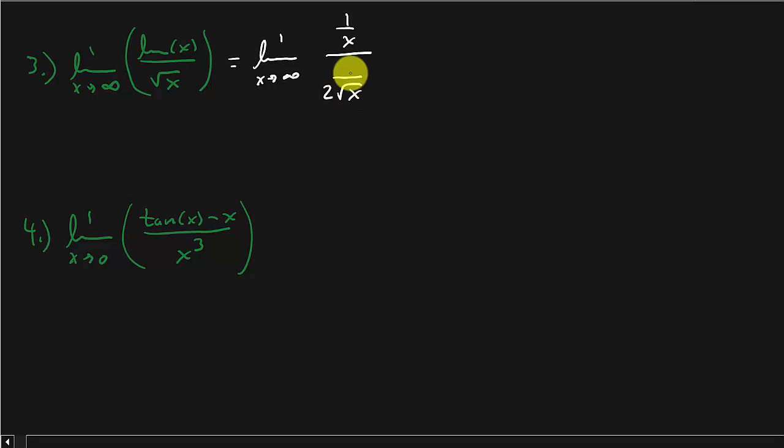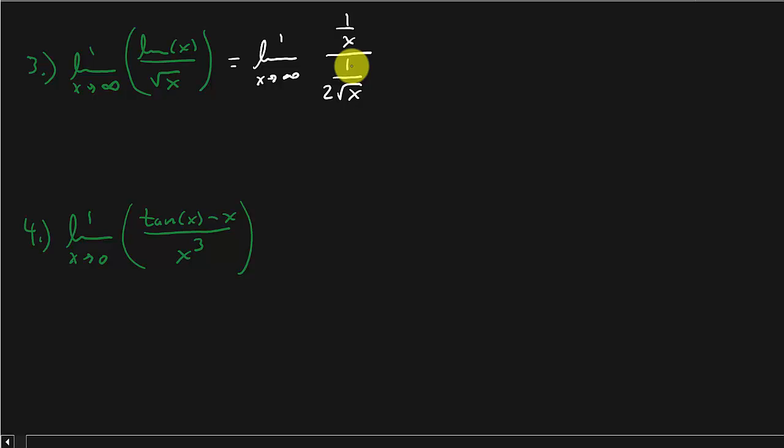And then up here in the numerator, the derivative of what's underneath the square root is just 1. If you don't understand how I did that shortcut, go search my channel for shortcut for finding the derivative of a square root. I believe that's what I named the video. Go watch it and it explains everything. It makes your life a whole lot easier when you're taking derivatives of square roots.